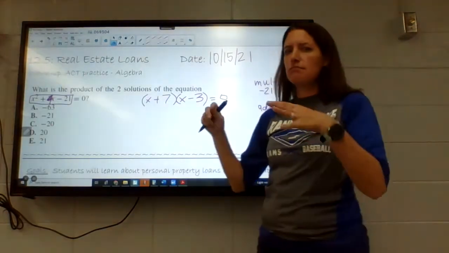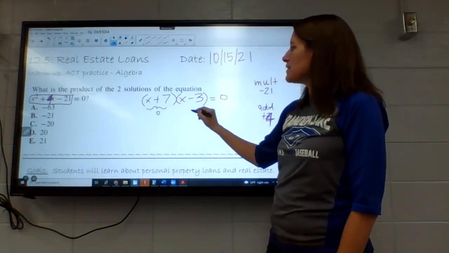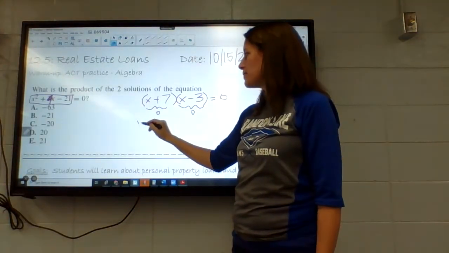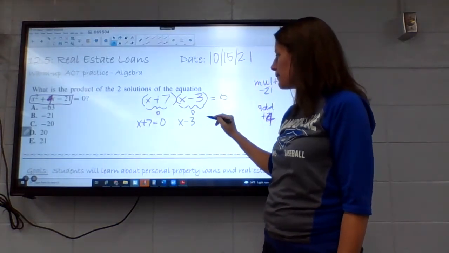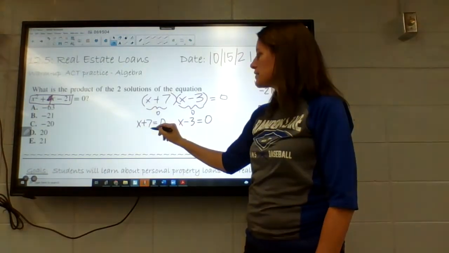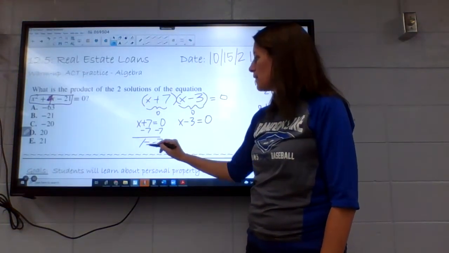Going back to algebra, we set each of these equal to 0, because if two things multiply to equal 0, either one or both of them have to be 0. So we're going to solve these two equations. I subtract 7, so I get x is negative 7.